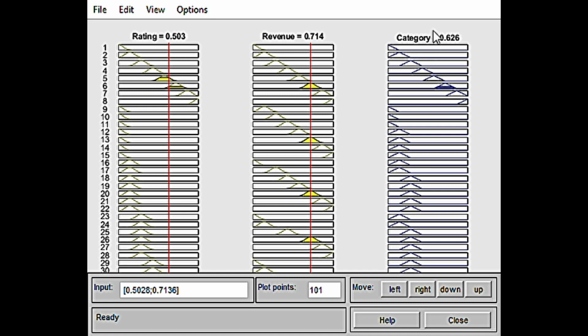So the category is at 0.62, which means it's in the hit category. Its popularity is quite hit.